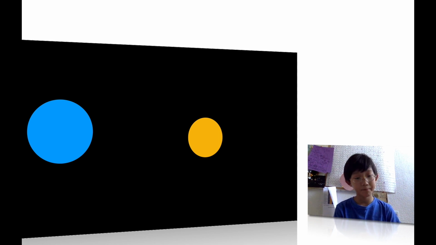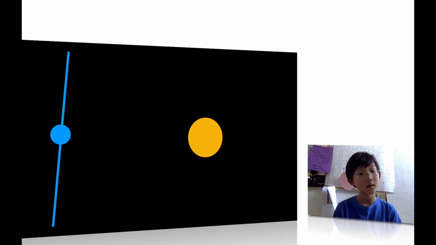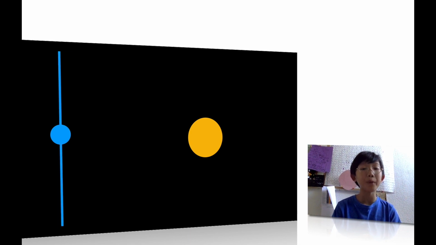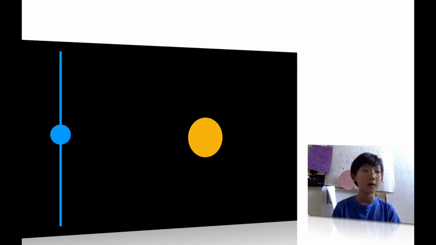So first step is the big star explodes, becoming a pulsar, like this. And now the small star is big enough to survive the blast. It's the same size as our sun. That's huge. About 1 million times bigger than Earth, or something like that.